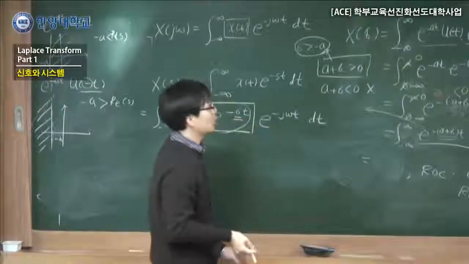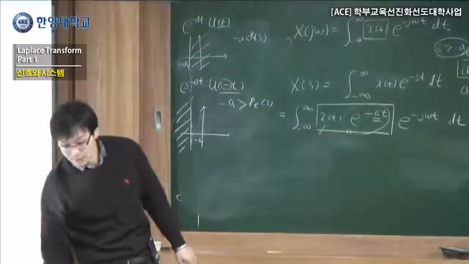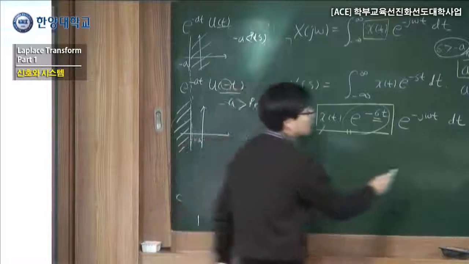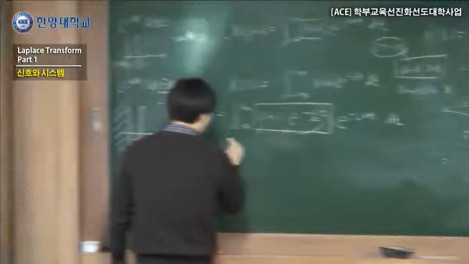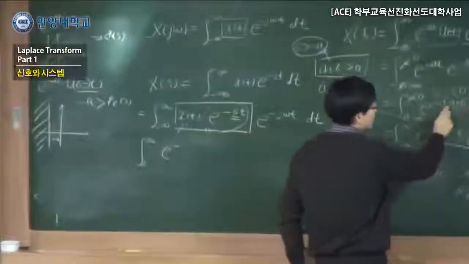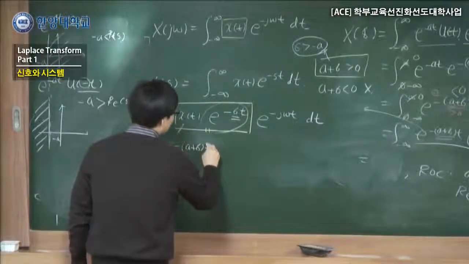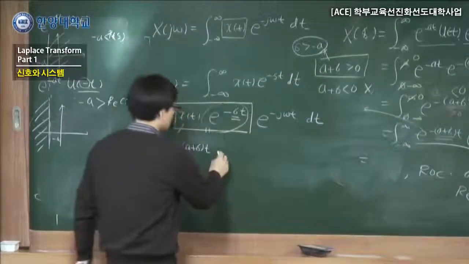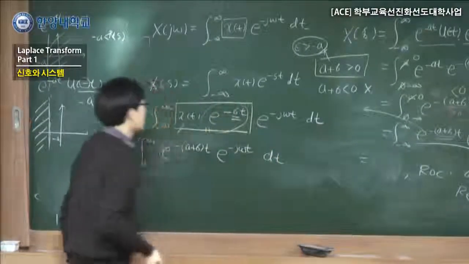Let's try the white case, the previous case, which is given by the integration from 0 to infinity. I'm talking about the previous case, the white case: e to the minus a plus delta t, e to the j omega t, e to the minus j omega t dt.